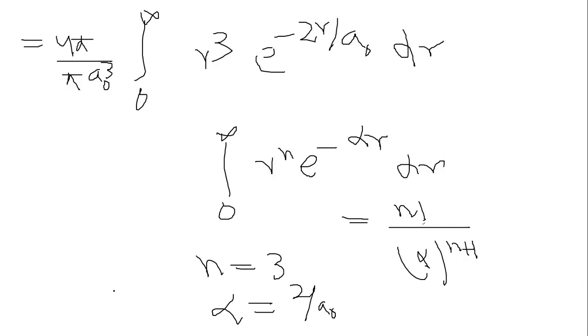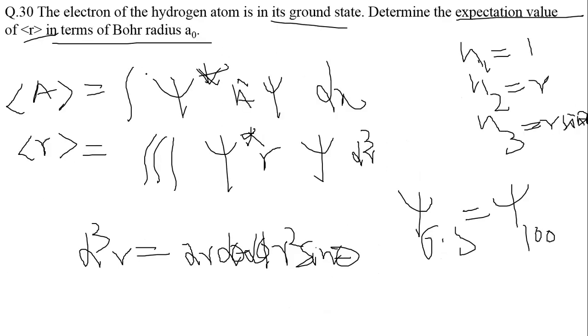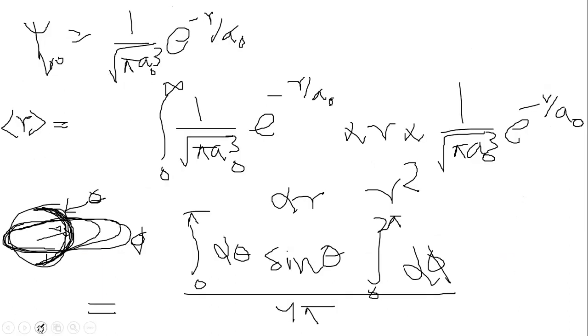It will help you do the calculations faster in other exams. Here, since the ground state of the hydrogen atom is given, you are using the ground state wave function, psi 100 equal to 1 by root pi a0 cube, e to the power minus r by a0. But sometimes in exams the question may come where the wave function will be different, and it will be given to calculate the expectation value of a certain quantity in this state.